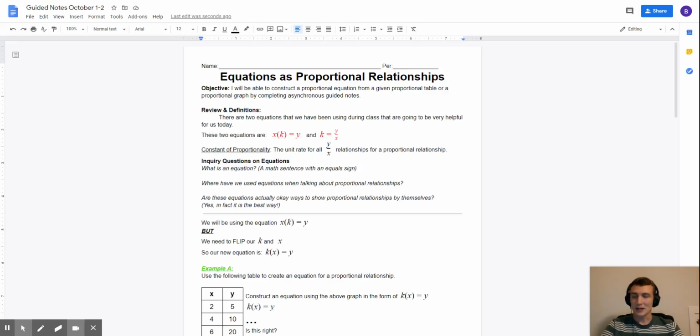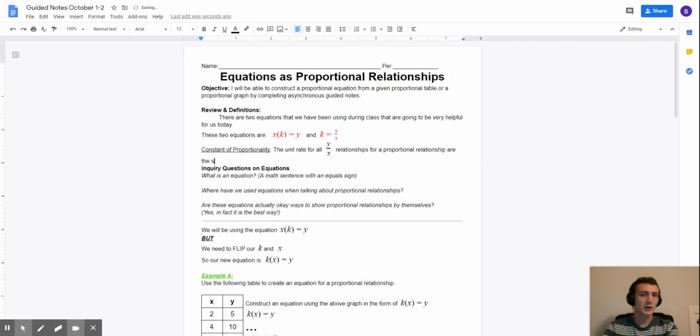So the constant of proportionality is the unit rate of all y-x relationships for a proportional relationship. The unit rate of all y over x relationships for a proportional relationship are the same. That's what we're missing right here.